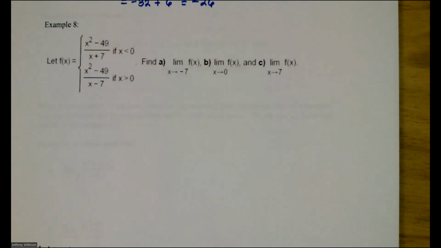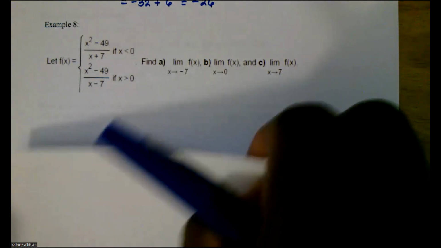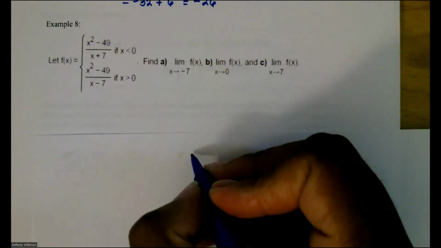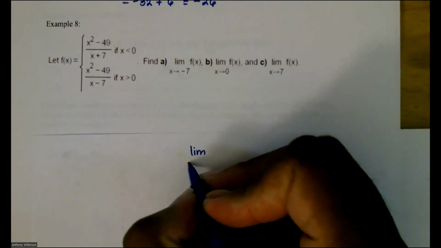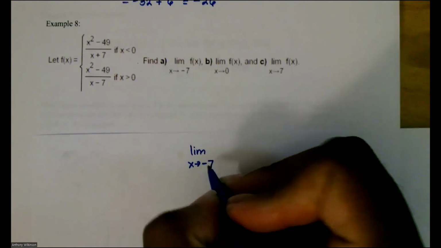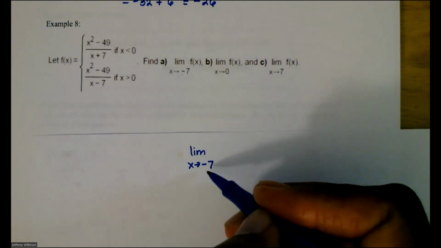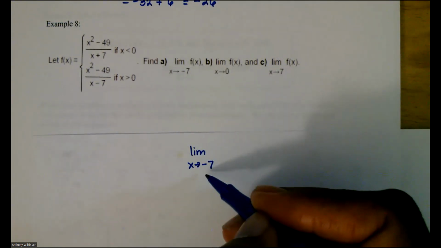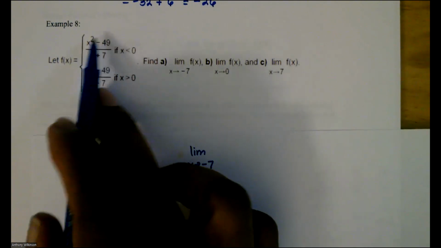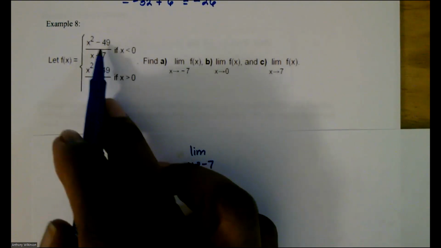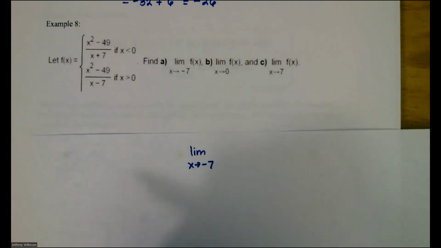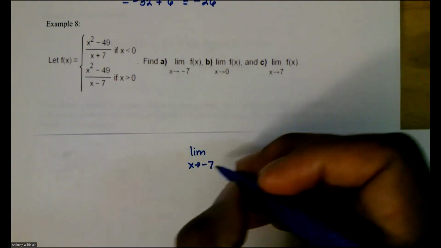And I will show you that in this example here. The limit as x approaches negative 7 of f of x. And here that value is negative 7, so we have to use this first expression, because our x is less than 0, and negative 7 is less than 0.